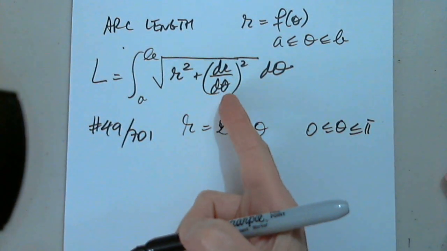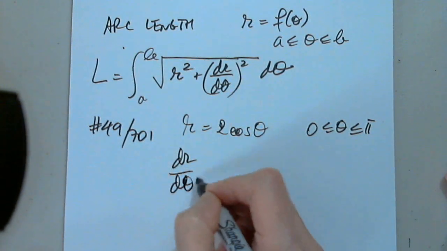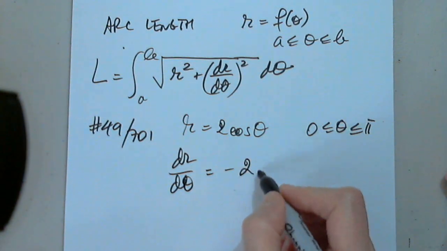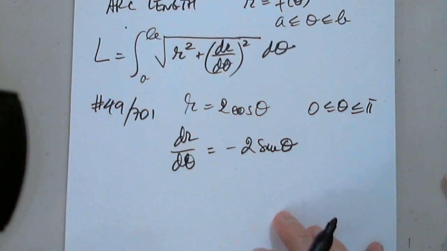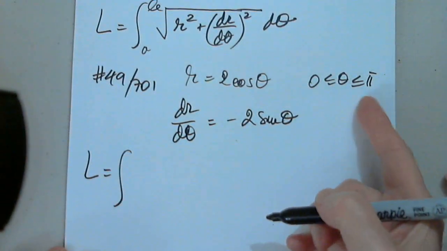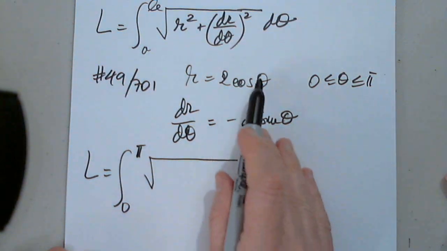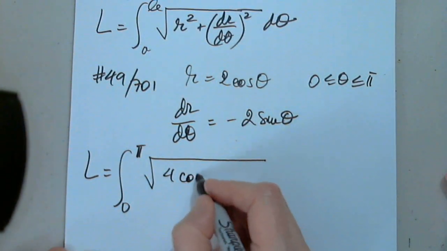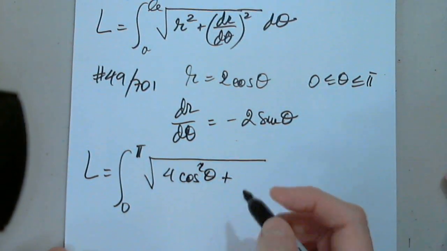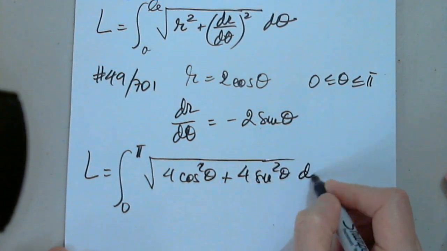Remember, as you see in the formula, we have to define dr over d theta, which is -2 sine theta. So the arc length will be the integral from 0 to pi of the square root of 4 cosine squared theta plus 4 sine squared theta, d theta.